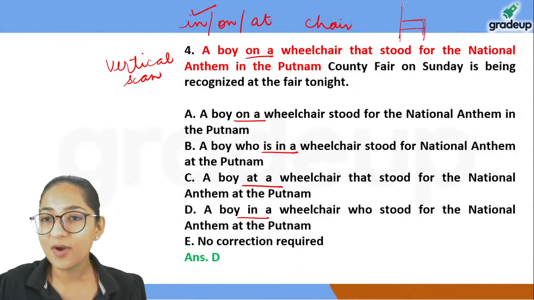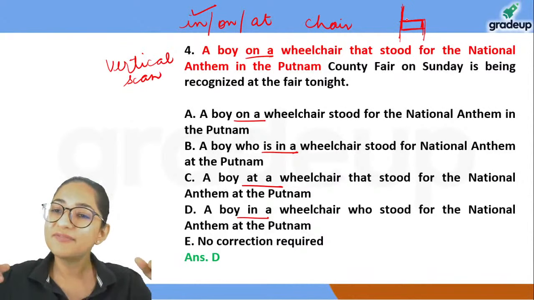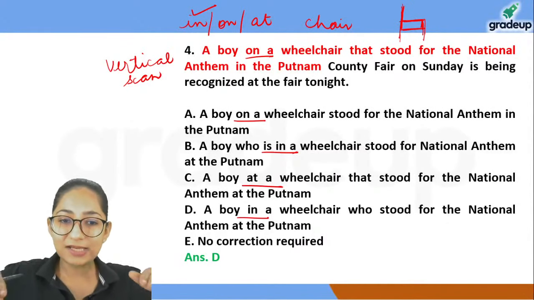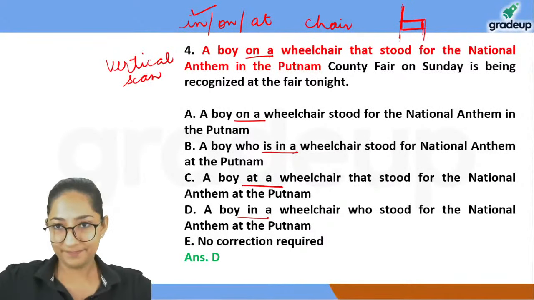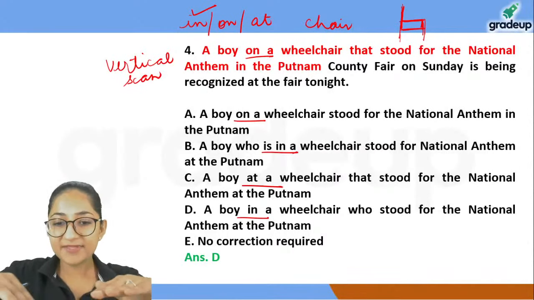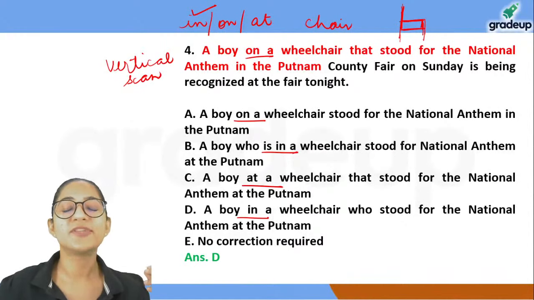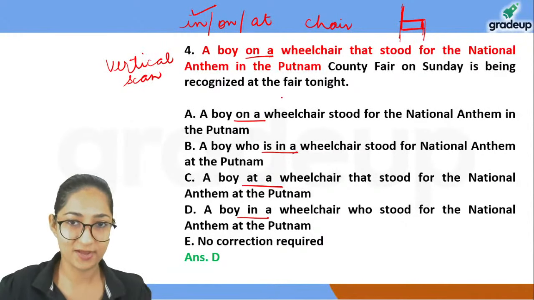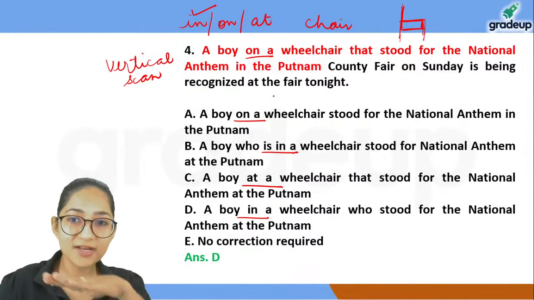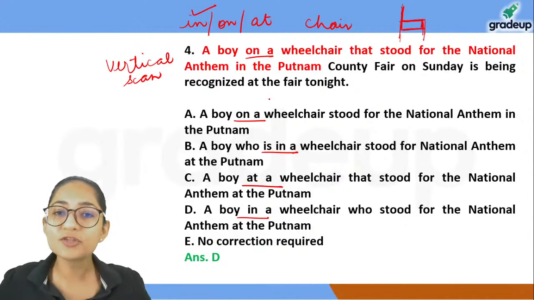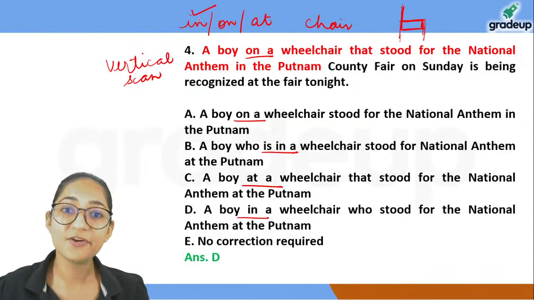You have a back, you have the arms, you have a base. Because of these arms, it creates an enclosing area. It encloses you on three sides. That is why you have to say, I sit in a chair. You don't say on. On is just for the surface. It encloses you. Hence, in has to be the right one.